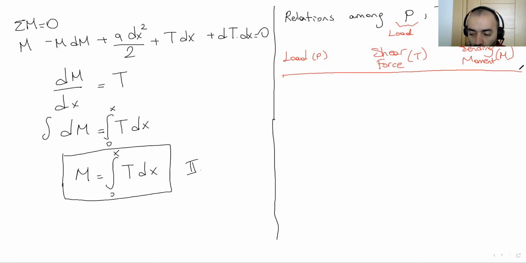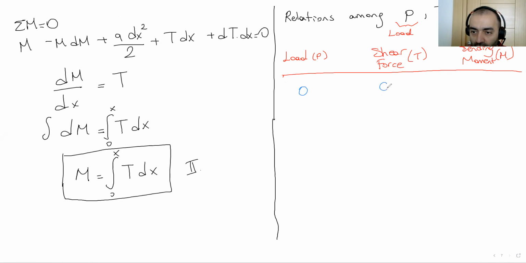If there is no load in some portion of the beam, let me write, if the load is 0, the shear force diagram goes constant.